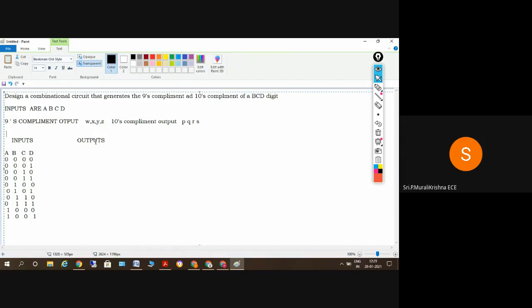The first one is for nines complement: W, X, Y, Z. Tens complement outputs, that is P, Q, R, S.